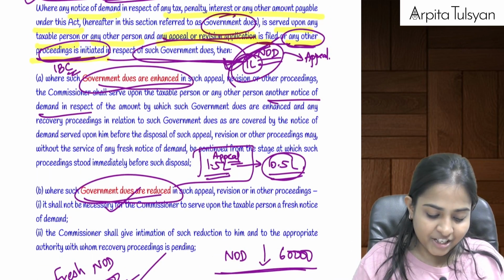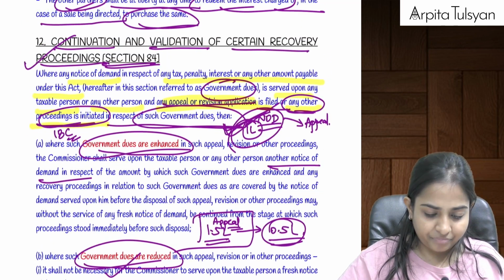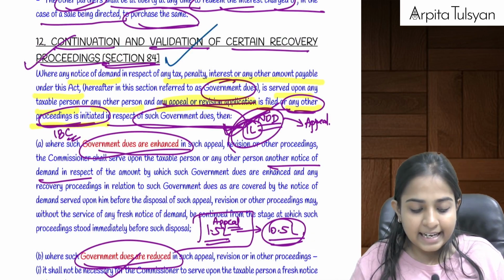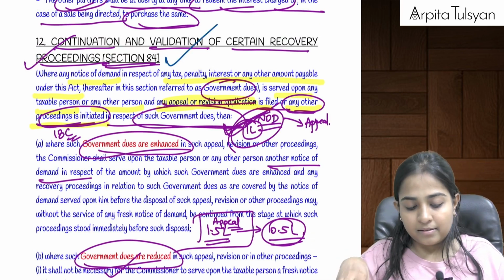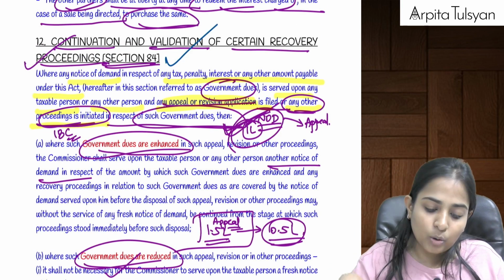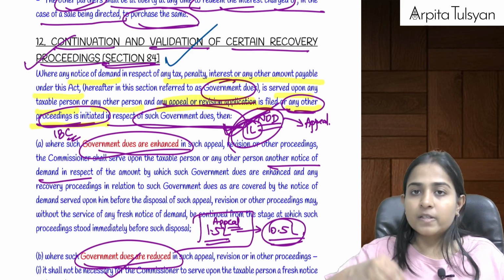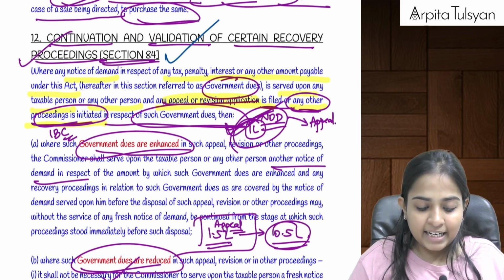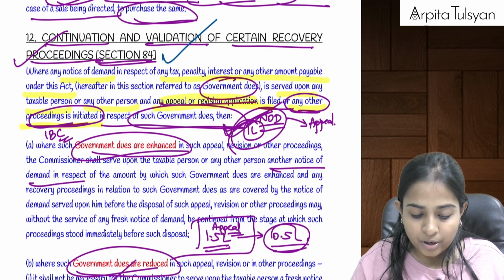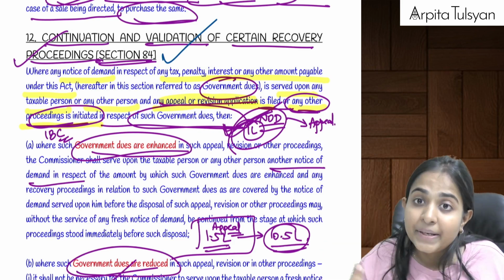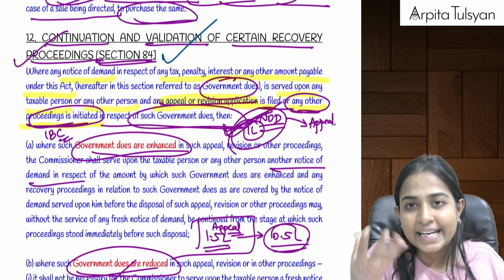And the last section, that is section number 84, where they are telling that, where a notice of demand for any tax, interest, penalty, etc. was issued, and later on any appeal or any revision or any IBC proceedings, etc. have been initiated.